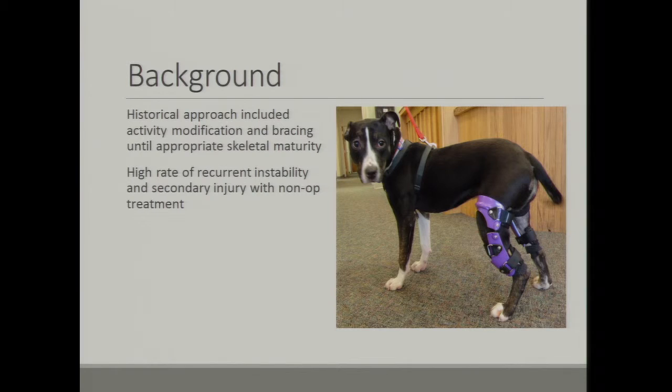However, we saw pretty clearly with that method of treatment a high rate of recurrent instability and associated secondary injuries to the knee, especially the meniscus and the chondral surfaces.